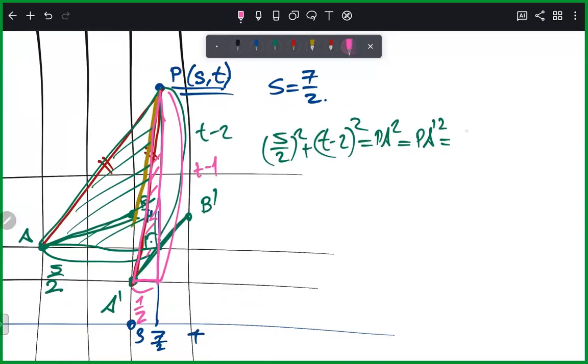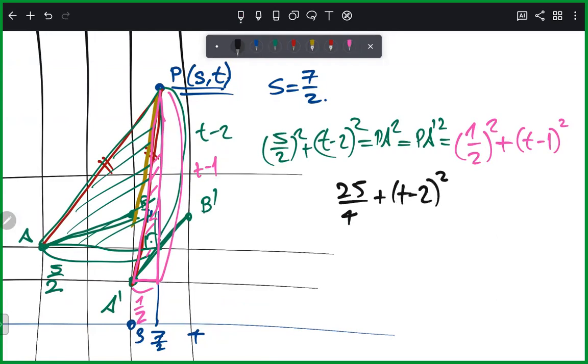So this equals (1/2) squared plus (t minus 1) squared. And let's solve it and figure out P. So 25/4 plus (t minus 2) squared equals 1/4 plus (t minus 1) squared.